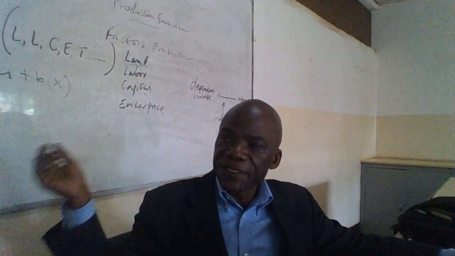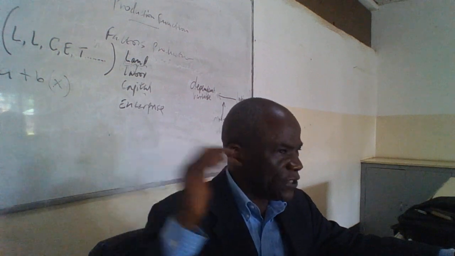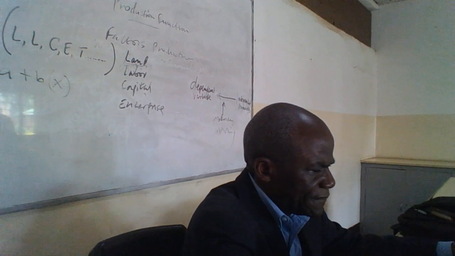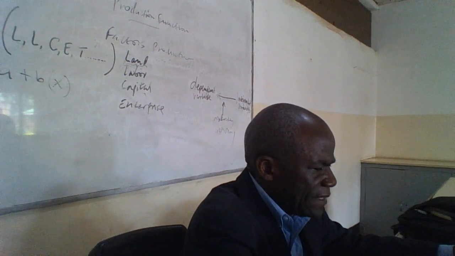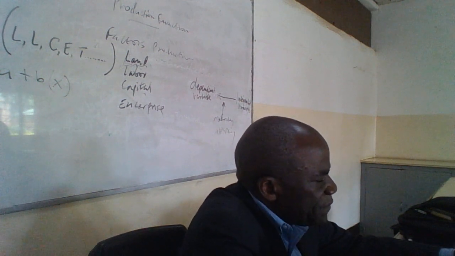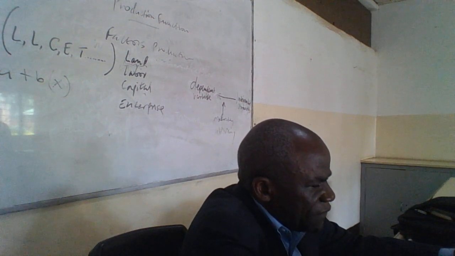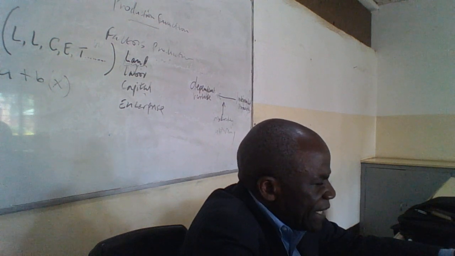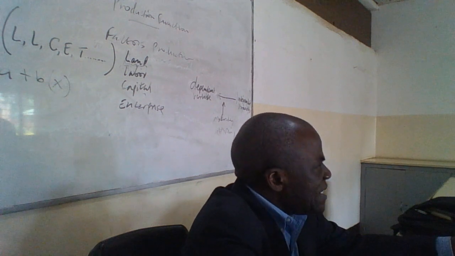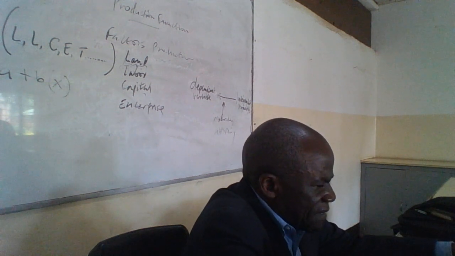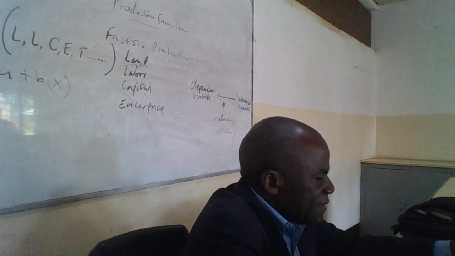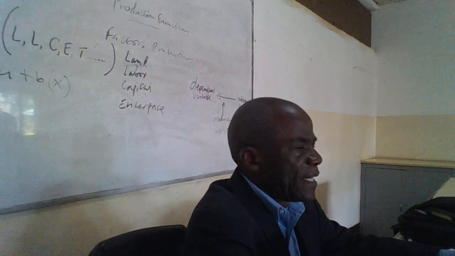These variable inputs are just showing a relationship to the output. And in order to express the quantitative relation between inputs and outputs, production function sometimes is expressed in a linear mathematical equation such as Q = a + b(x).